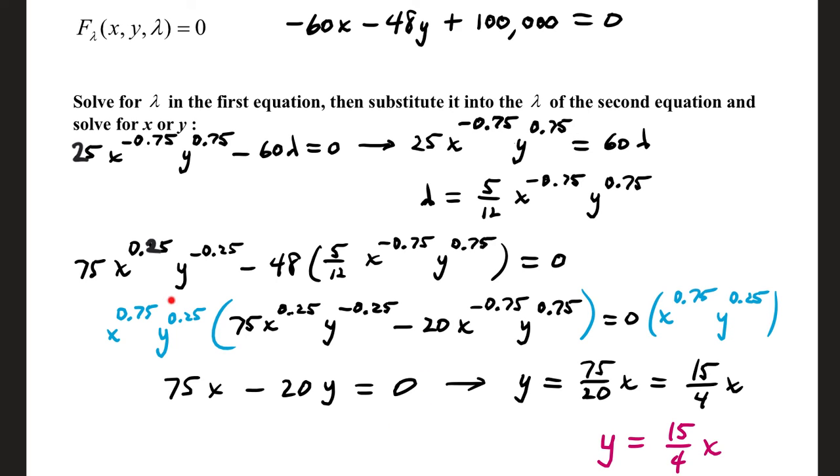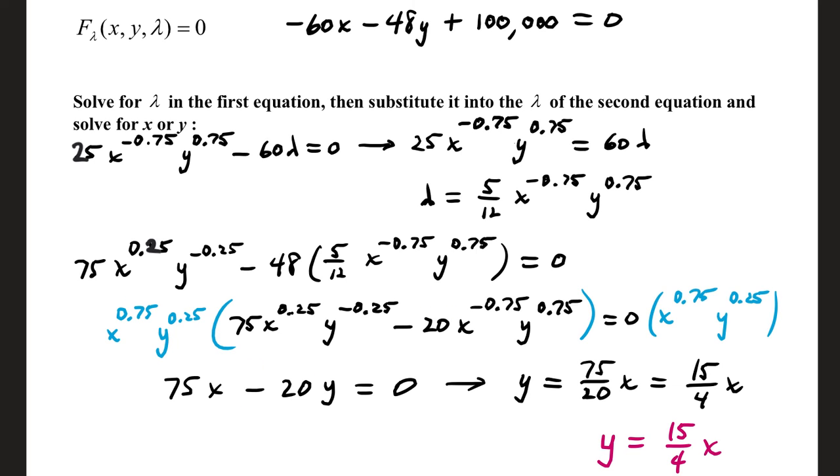On the left side, when we multiply the first term, we're going to get 75. 0.75 plus 0.25 is 1, so that's going to give us x to the first. The y's, because they're opposites, will add up to 0, and that eliminates the variable y. On the second jump through in distributive property, we're going to have negative 20.